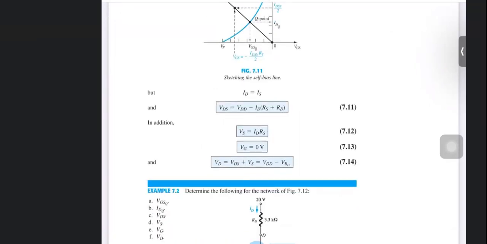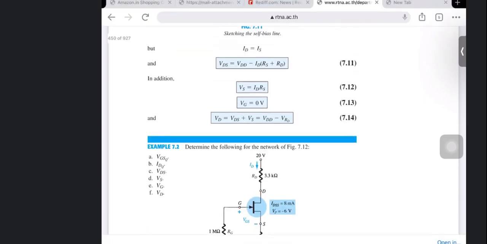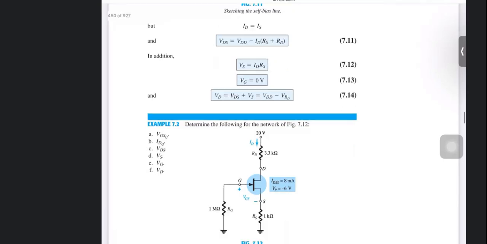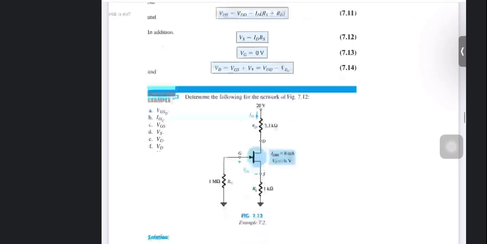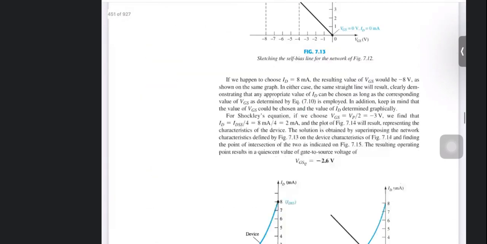VDD minus ID, RS plus RD. So VG we know it is 0 because we don't have any gate current. And VS is equal to IDRS. So we can find out all these parameters here. Okay.